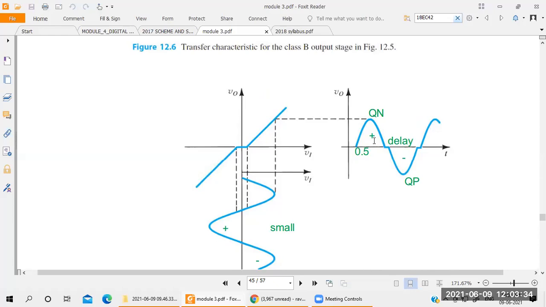So this is the crossover distortion. Means when there is switching from the positive cycle to the negative cycle, there is some kind of delay. That you have to eliminate. For eliminating it, there is one more circuit. In the syllabus, it is not given. You have to take one more transistor to adjust the current and voltage, and from that you can avoid the delay.